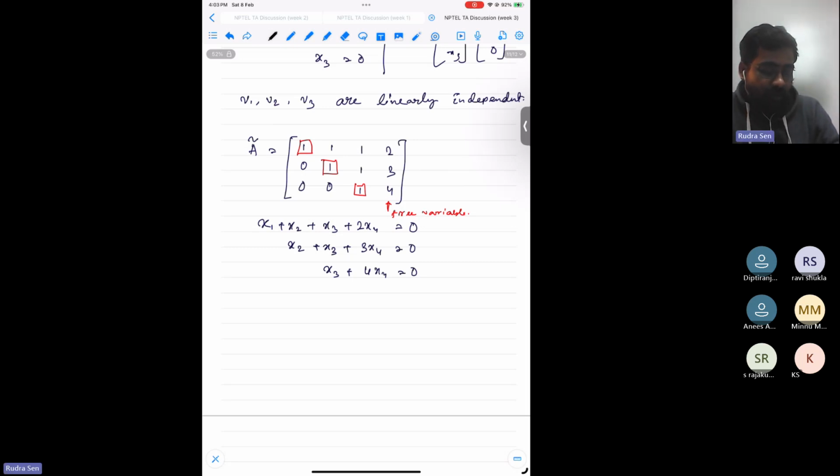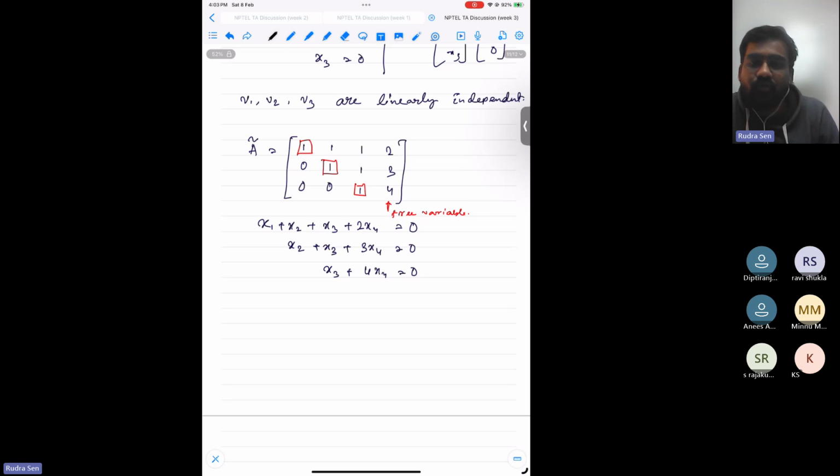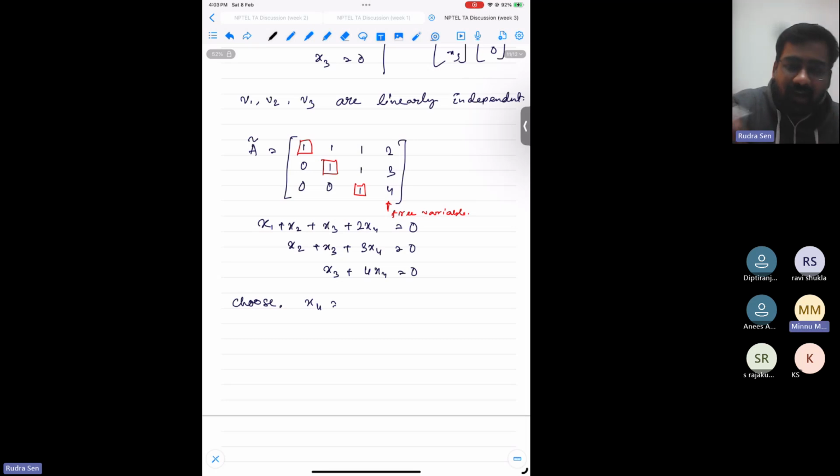Right. So when we have 1 free variable, we cannot choose 0, because if we choose x4 as 0, all the values that we get are basically 0, 0, 0, 0. So in that case, choose x4 equal to any non-zero value.